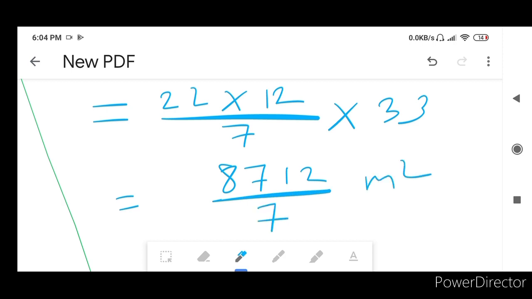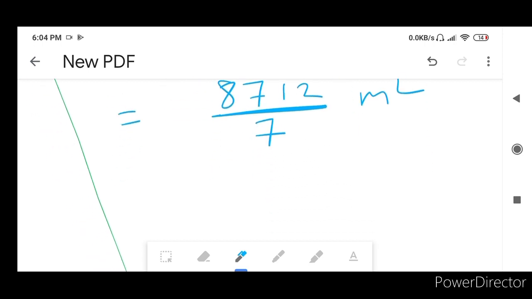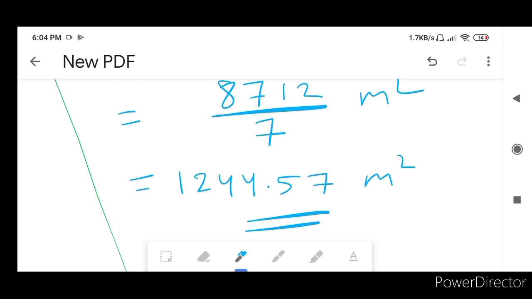Now let us divide this. After dividing, we will be getting 1244.57 meter square. This is our answer. The division portion you will be doing by yourself on the rough part. Clear? I hope that you have understood the curved surface area and the total surface area.